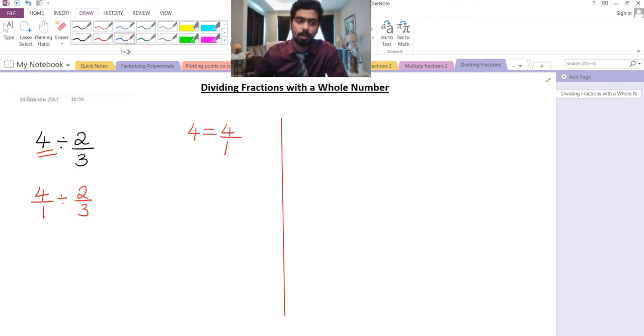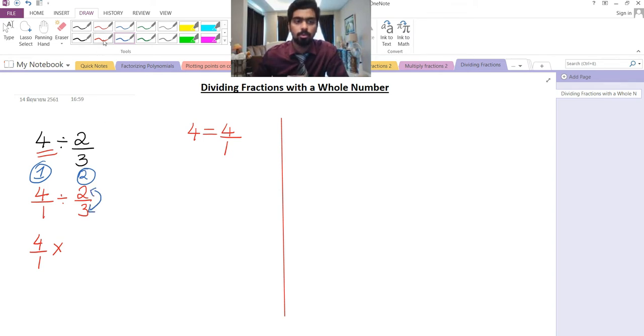So we know that this is fraction number 1, and this one is fraction number 2. The first fraction will stay the same, so we will not do anything with it. It will stay as 4 over 1. Now this division sign will change to a multiplication sign, and then we flip our numerator and denominator.